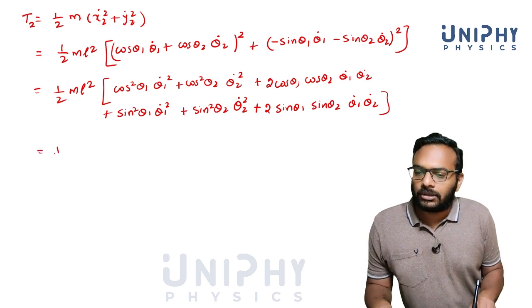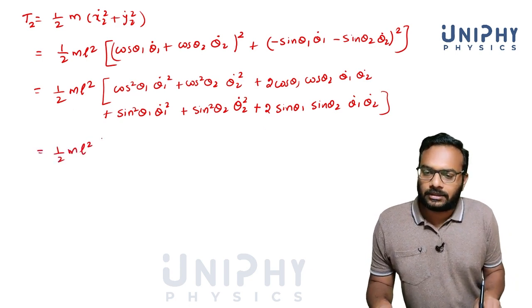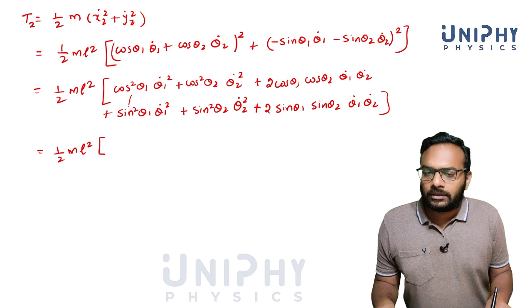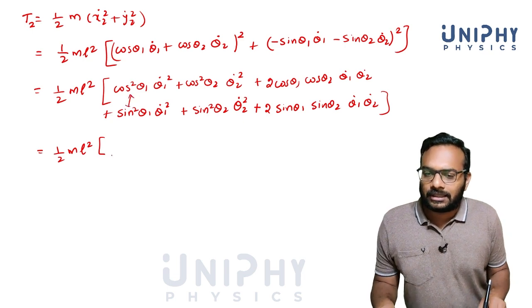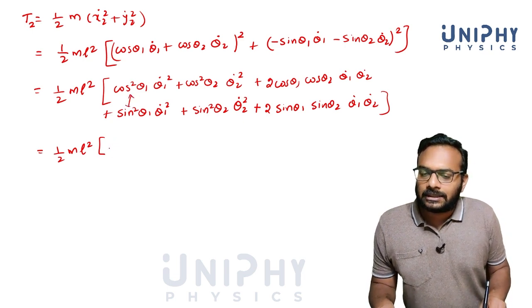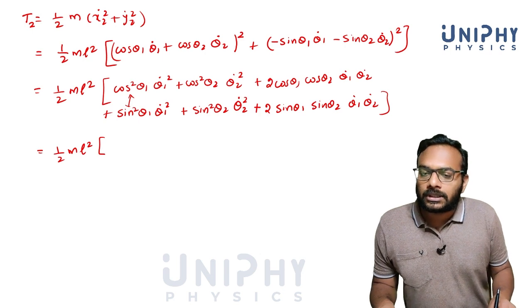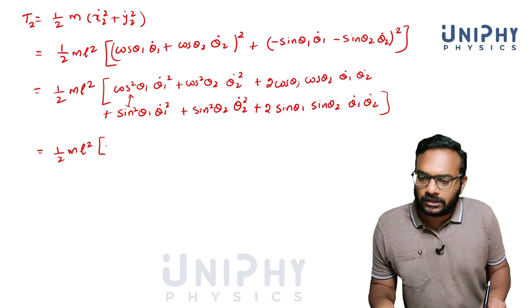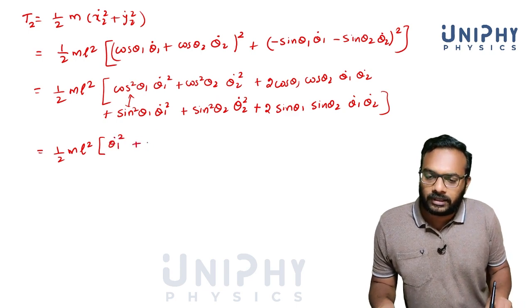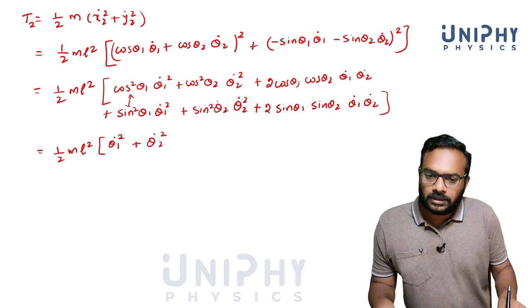Now this is equal to half ml square. See, we can combine this. Cos square theta plus sine square theta is 1. So this is theta 1 dot square plus, similarly from here we get theta 2 dot square. Just add this.